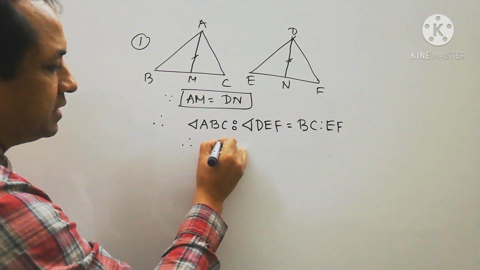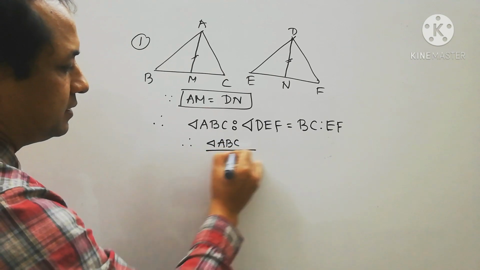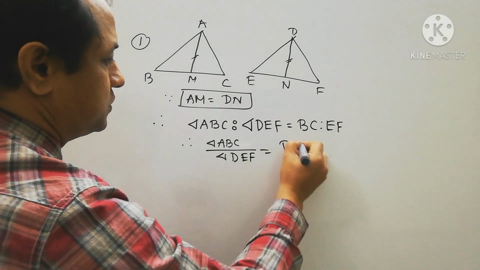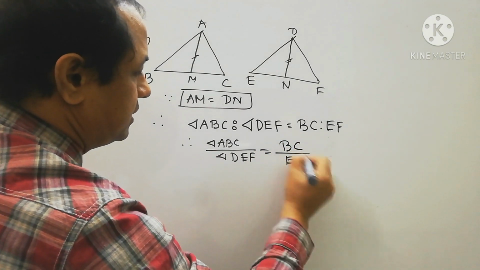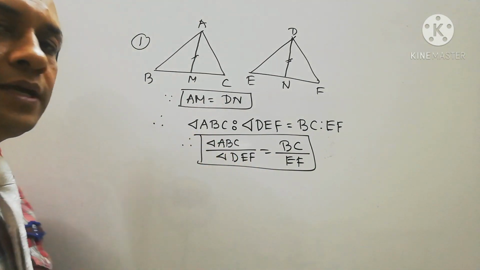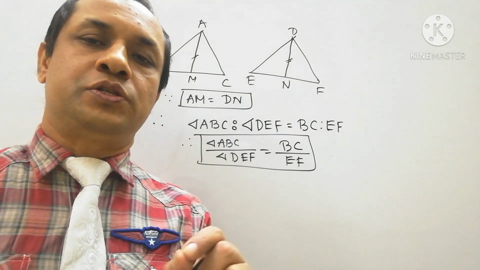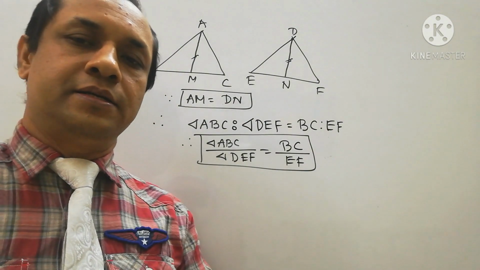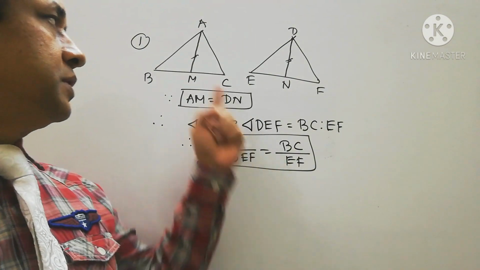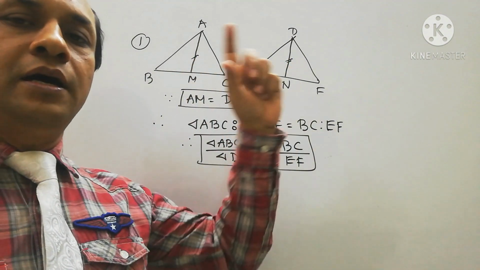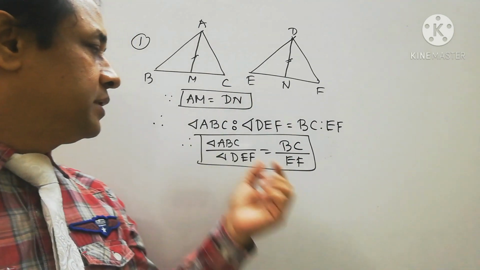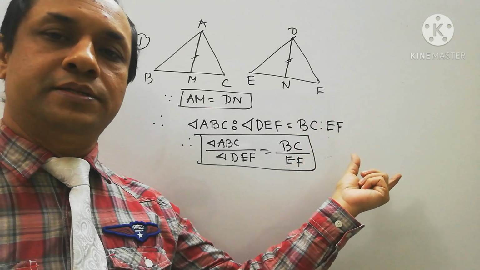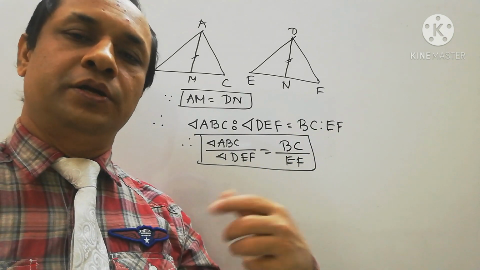Then we can write area of triangle ABC by area of triangle DEF equals BC by EF. So students, I say again, if the heights of two triangles are equal, their bases and areas are proportional. I hope you are clear.